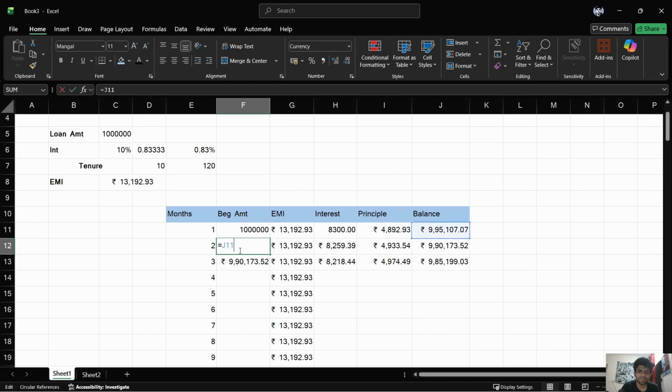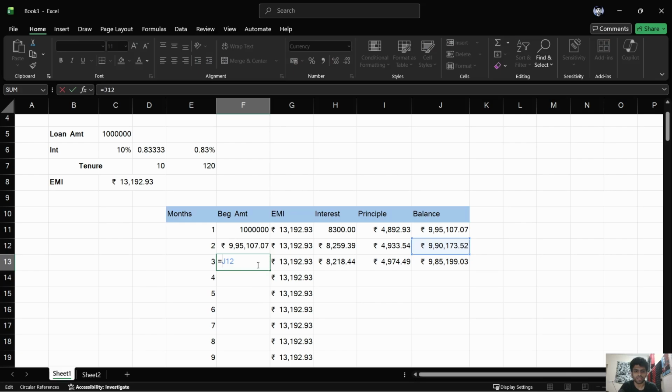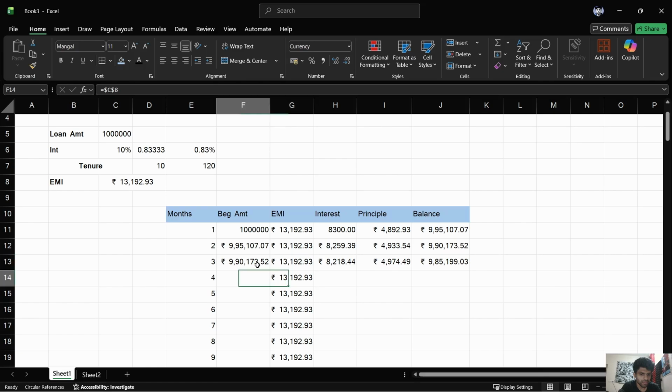For example, we can lock this, and probably this, because the beginning amount is nothing but the balance of the previous month, so we can easily lock it. Similarly, before I type it, I'm locking it here itself.